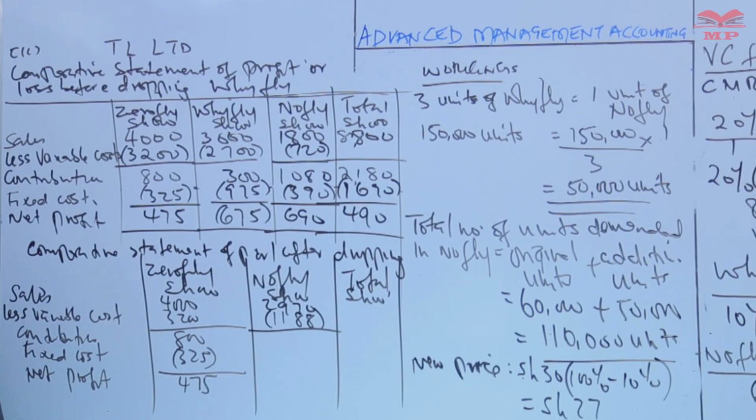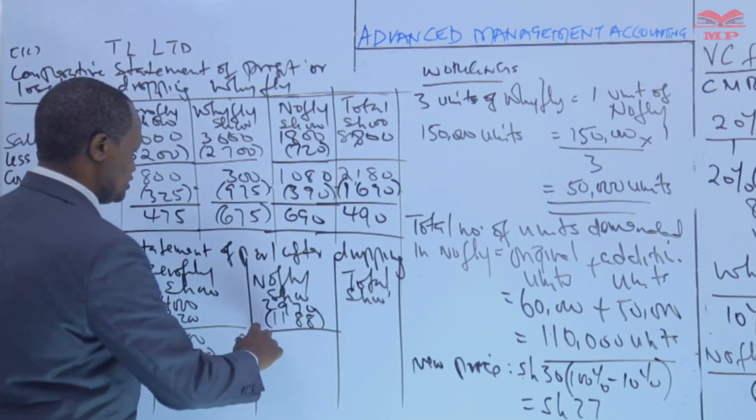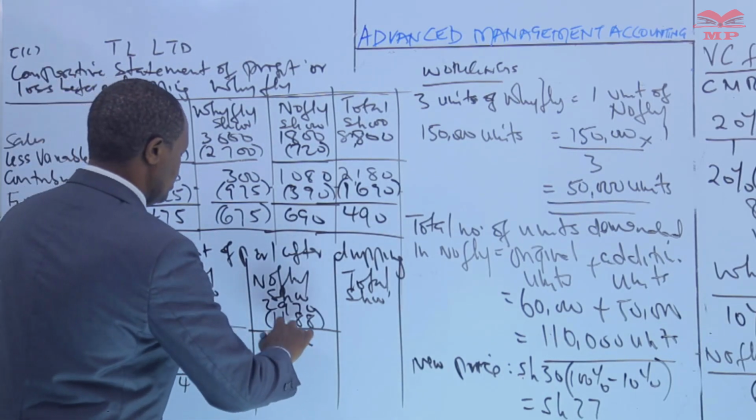If you are not getting 1188, we can have a working. If someone else has a different answer, we can work it out on the board. But if that's the answer, give me the contribution, because it says 1782.